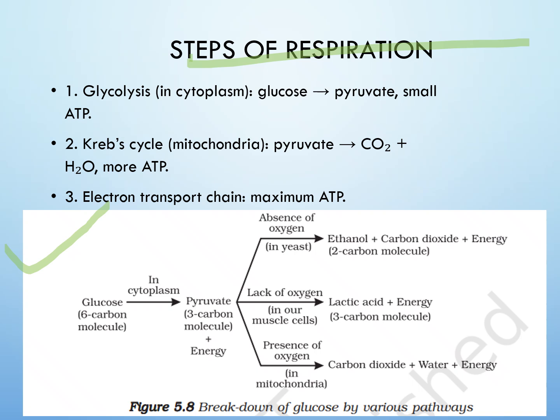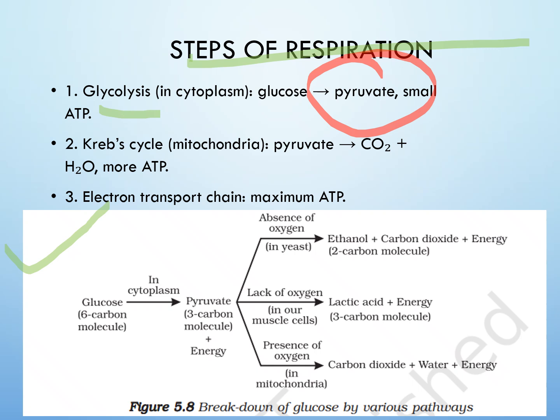The first step is glycolysis. Glycolysis is made up of two terms, glyco and lysis. Glyco means glucose and lysis means breakdown. So the first step is glycolysis, where glucose is first broken down into a 3-carbon compound, pyruvate. And this happens in the cytoplasm.